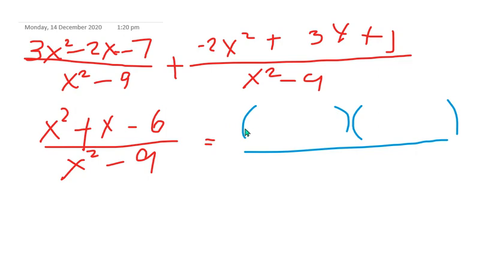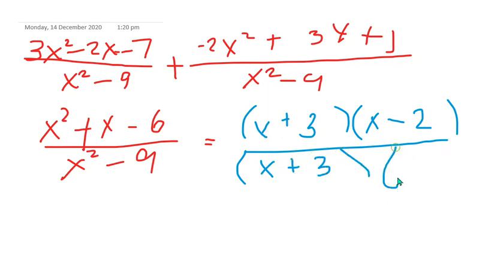Okay? So, we have here x squared plus x minus 6. What is the factor of 6 when you subtract or when you add gives 1? Okay? Yes, it's x plus 3, x minus 2. And this is a difference of two squares, so one positive and one negative.